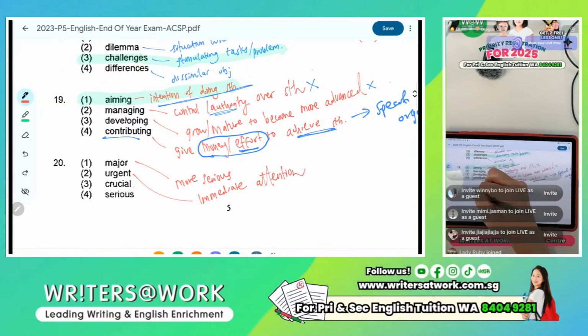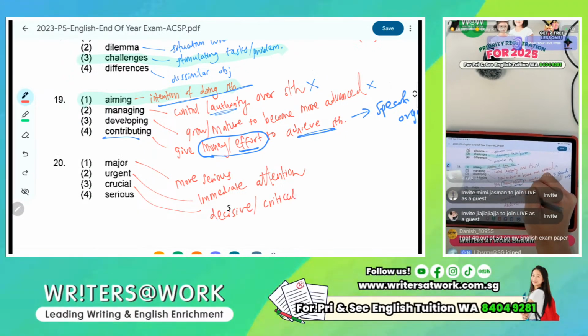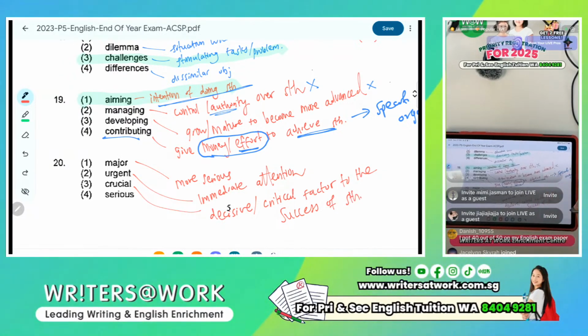Okay. Crucial means a decisive or a critical factor to the success of something. Lastly, serious means that careful consideration or application is needed.